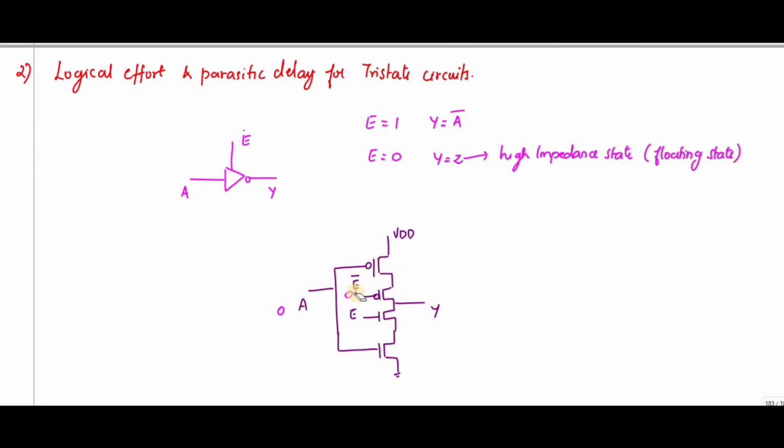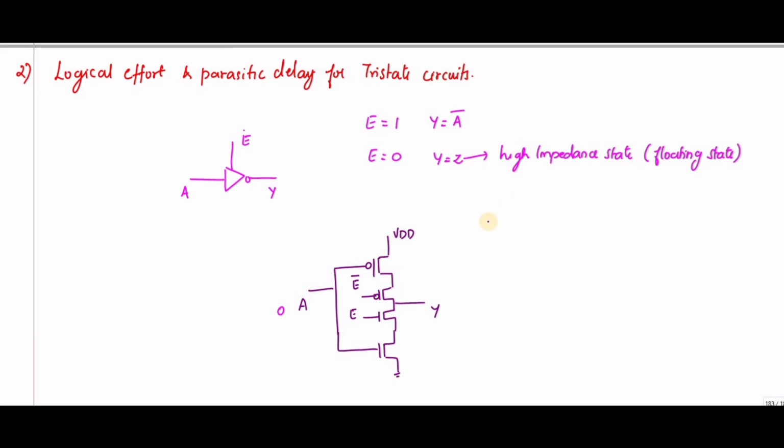If E bar is 0, that means E is 1. If E is 1, VDD will reach the output. So this is my Tristate circuit.